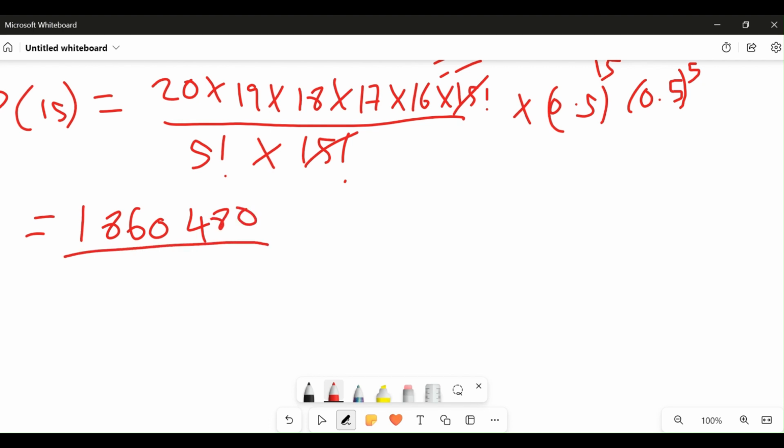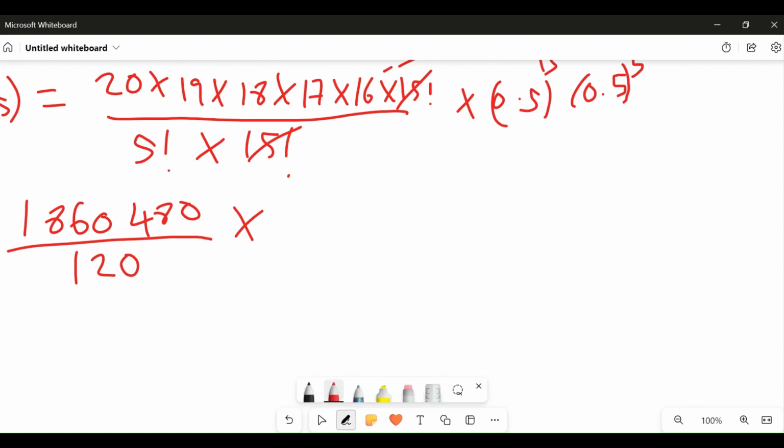That's 5 times 4 times 3 times 2 times 1, which is 120. Times 0.5 raised to power of 15, that is 0.00031, times 0.5 raised to power of 5, that's 0.03125.